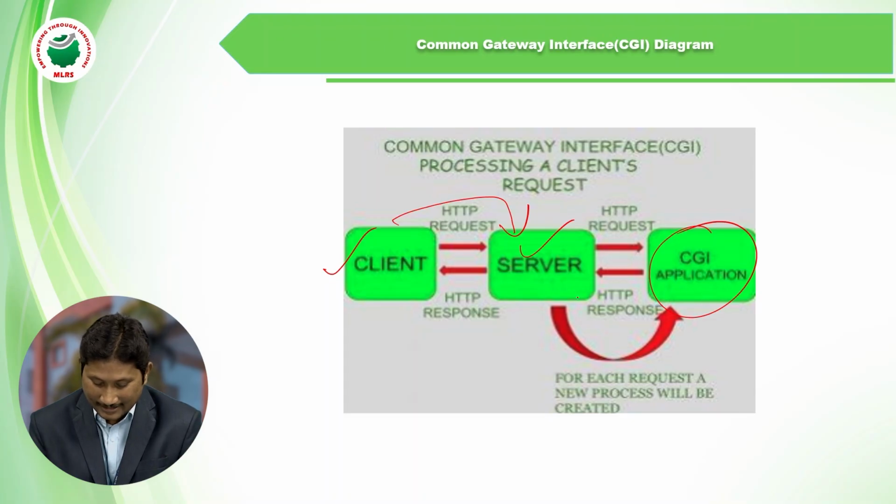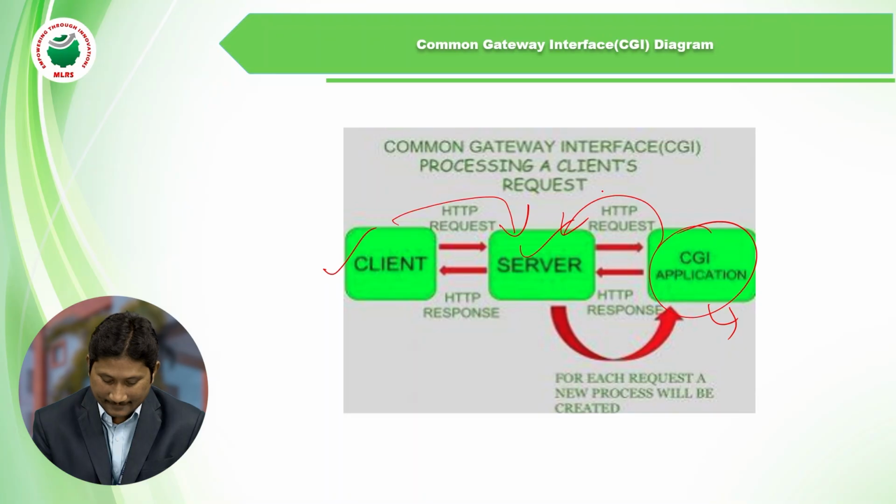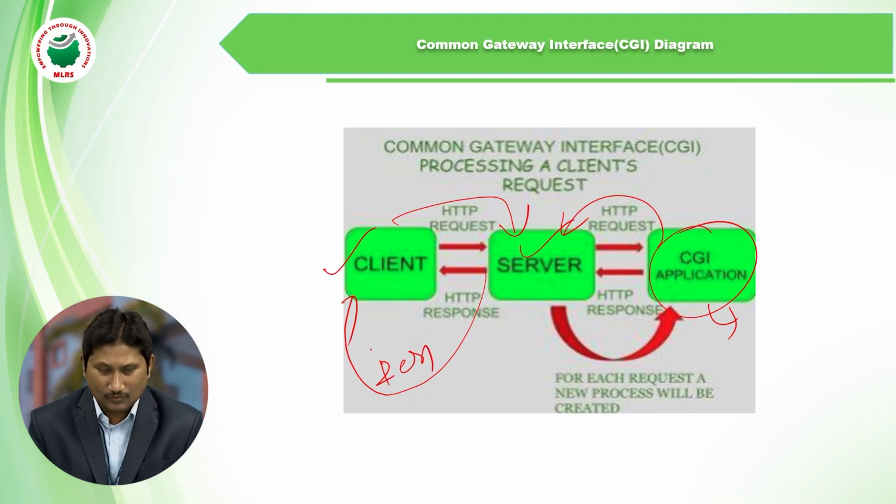CGI obtains the request from the server side and processes this request, and after processing, the response is sent back to the server. The server sends the final response to the client. So what is the difference between servlets and CGI?